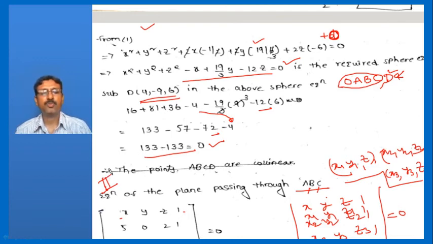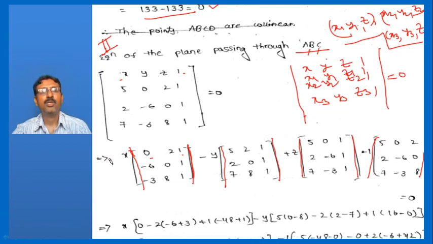Coming to step 2. In step 2, we find the equation of the plane containing ABC using the formula, the determinant of x, y, z, 1; x1, y1, z1, 1; x2, y2, z2, 1; x3, y3, z3, 1, where x1 y1 z1, x2 y2 z2, x3 y3 z3 are any points on the plane.